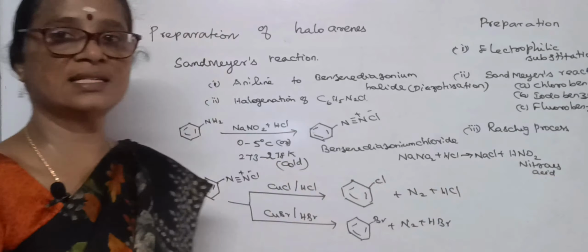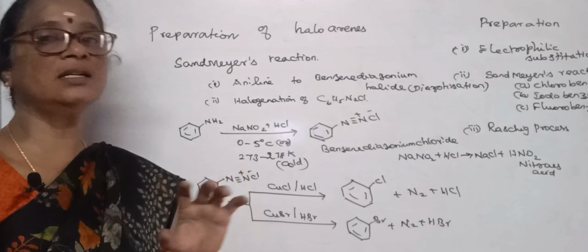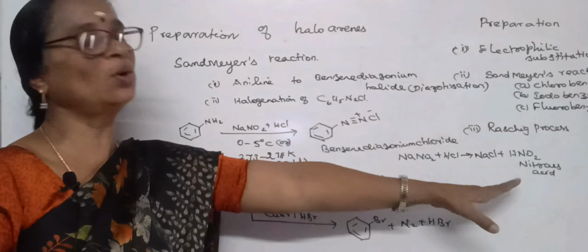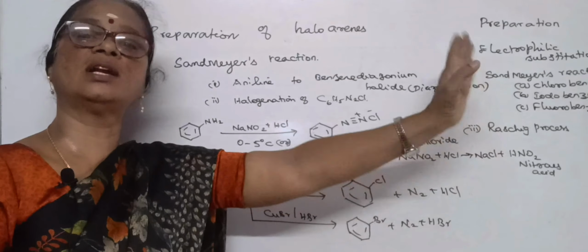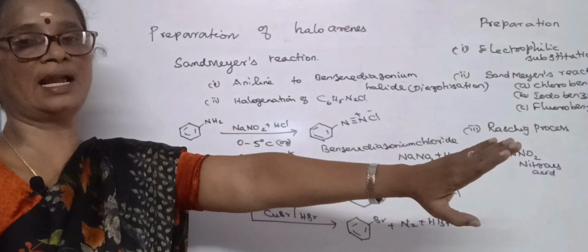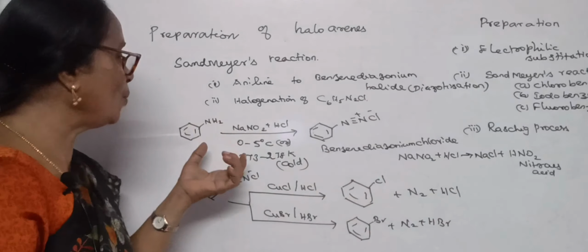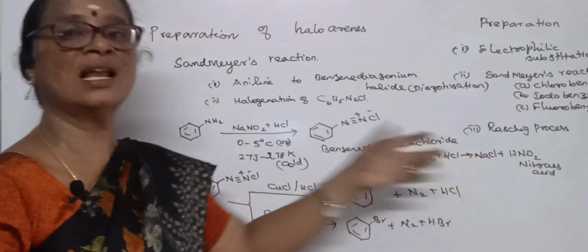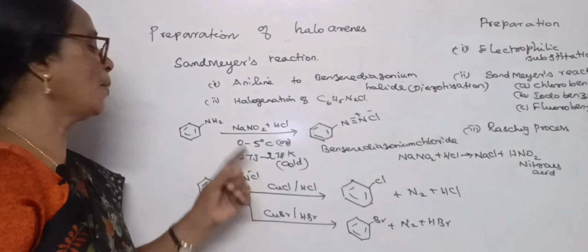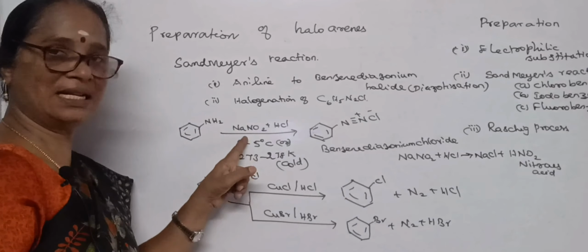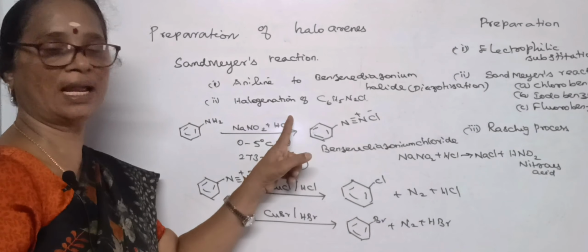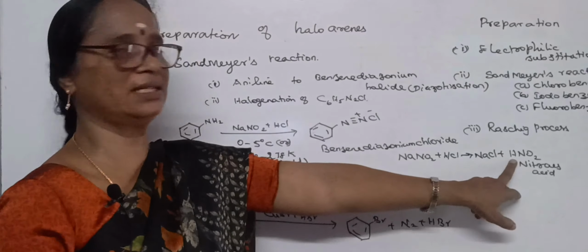This nitrous acid cannot be prepared and stored because it is unstable; it can automatically oxidize to nitric acid due to air oxidation. So to avoid this, we prepare the nitrous acid when required by taking sodium nitrite and hydrochloric acid. It may give rise to nitrous acid.